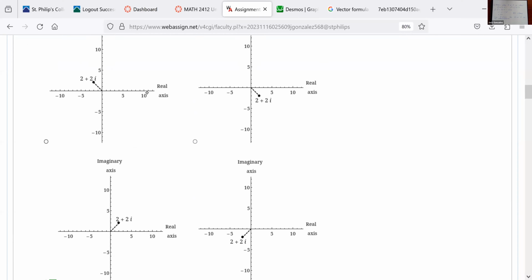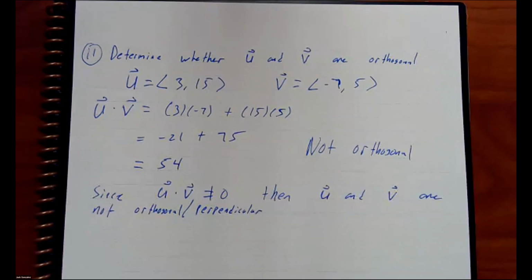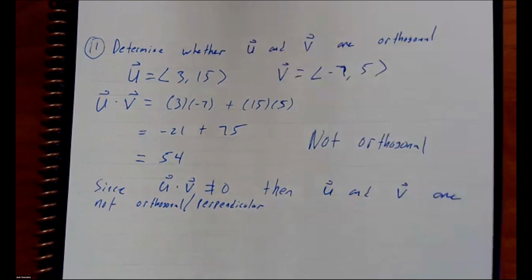But basically, switch over. We'll leave this formula here.